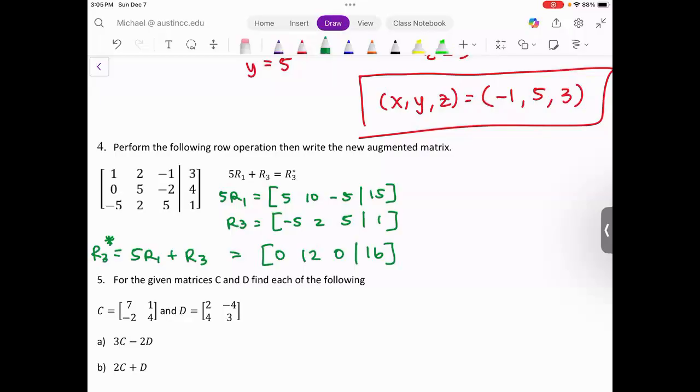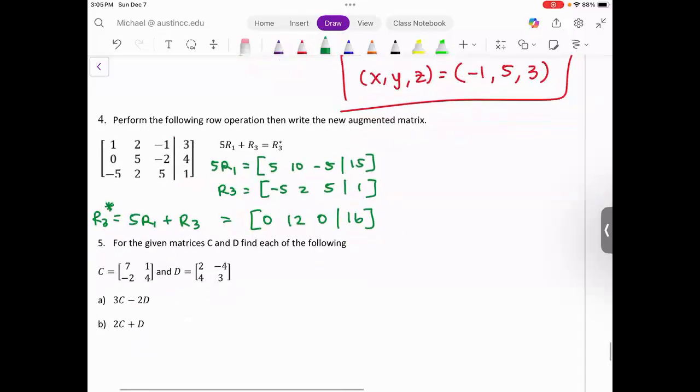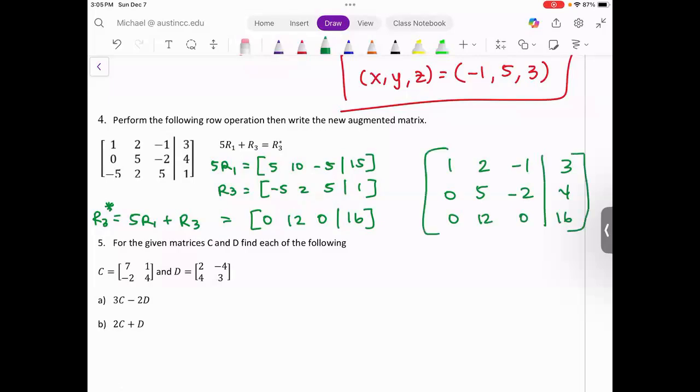So to write our new augmented matrix, we are going to keep the first two rows the same. But we're going to change our row 3. And this is our new augmented matrix with that row operation.